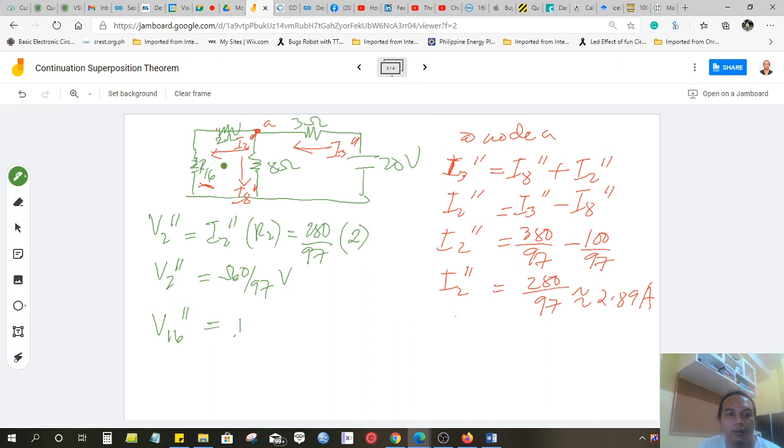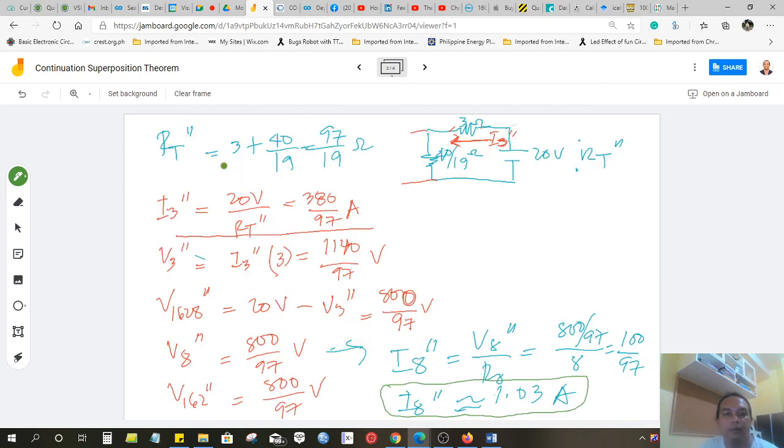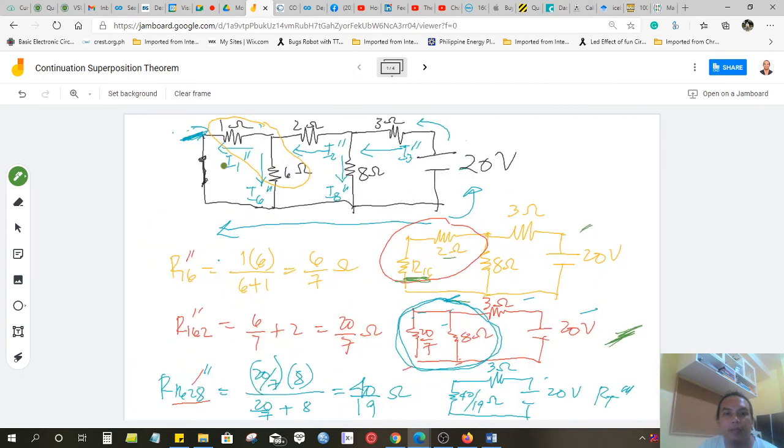And V16, the voltage at 1 ohm and 6 ohm, is equal to I2 double prime times R16. So I2 double prime is 280 over 97 times R16, which is 6 over 7.